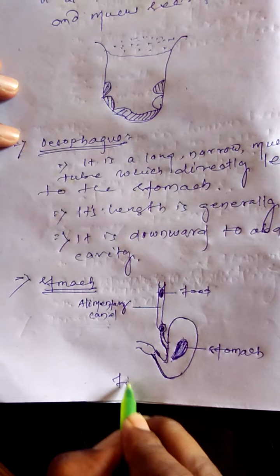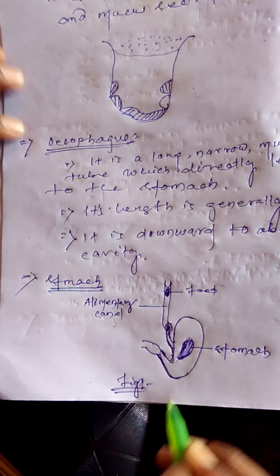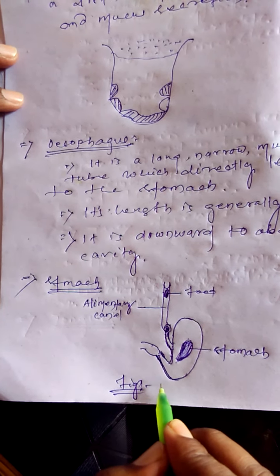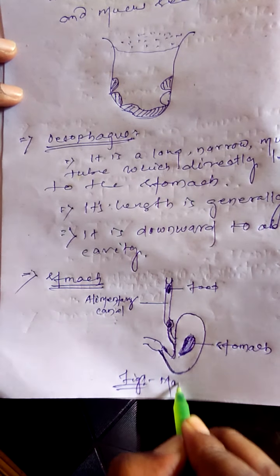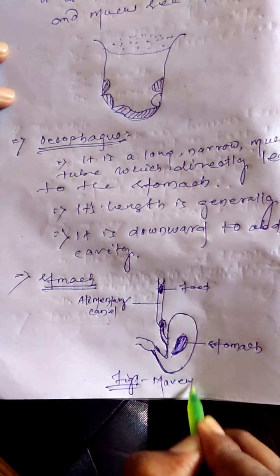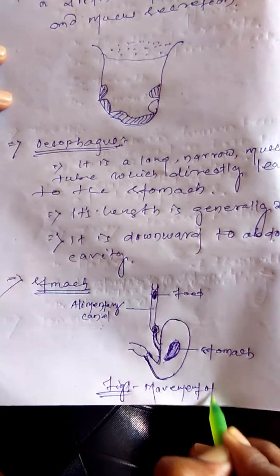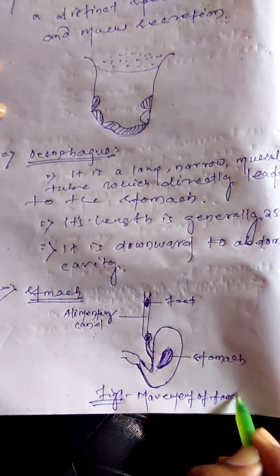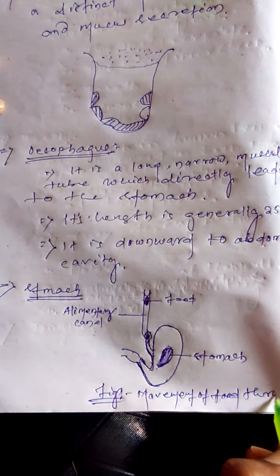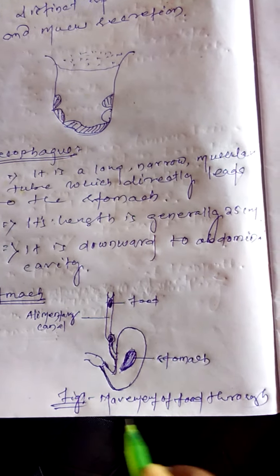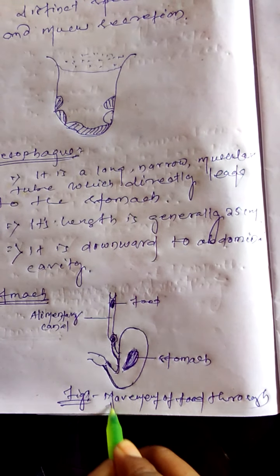So this one is the figure: movement of food through alimentary canal.